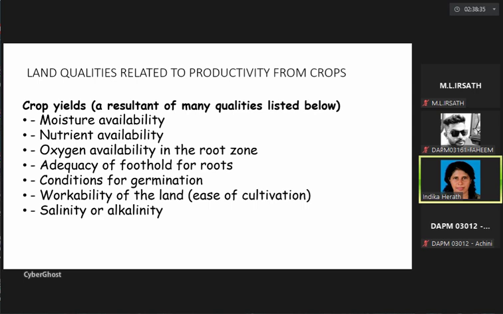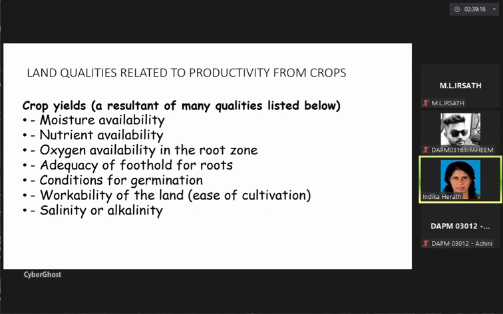That means providing enough space for roots, and the conditions for germination. Those conditions might be due to acidic or alkaline conditions and those things, right? Workability of land, whether land preparation can be done very easily or not, and the salinity or alkalinity, whether the soil has a high amount of salt or a low amount of H plus ions.